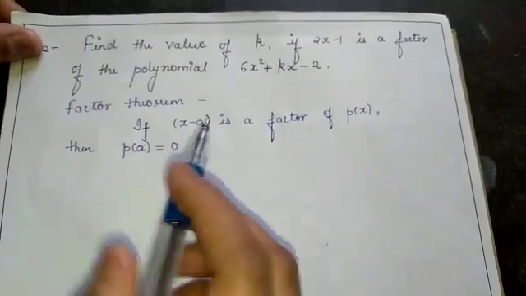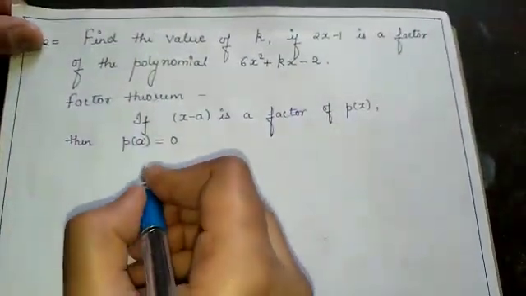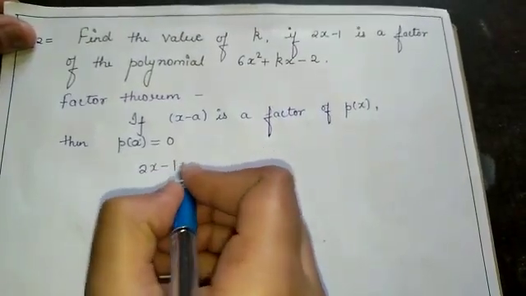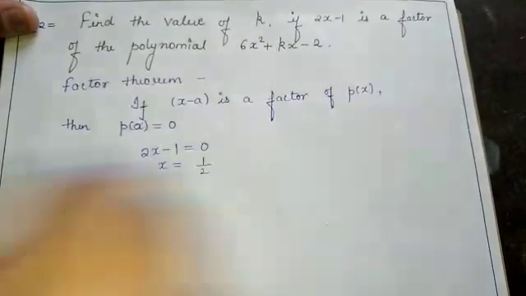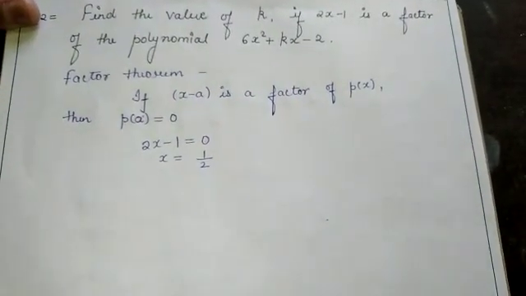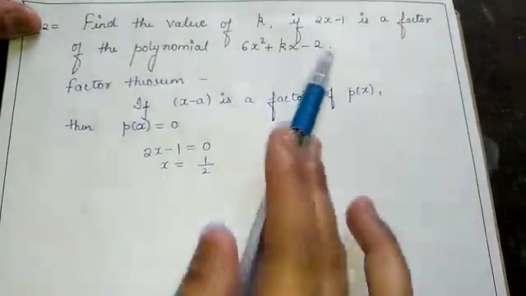Okay. So first of all find the value of a. Here 2x minus 1 is equal to 0, then x is equal to 1 upon 2. So this is a. Now put this value in the polynomial.